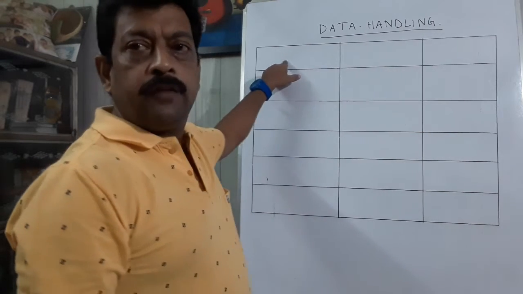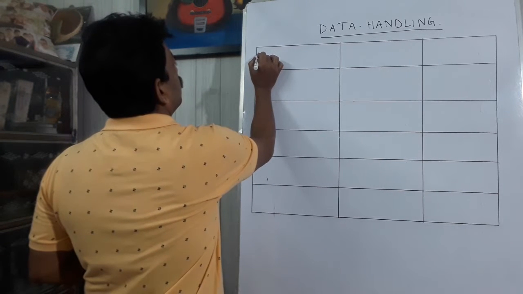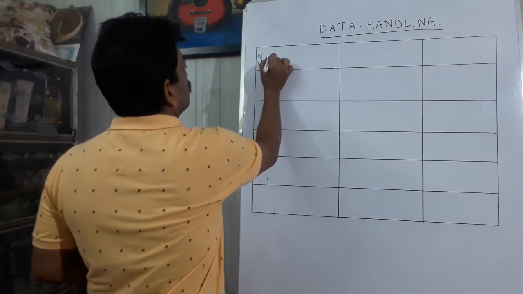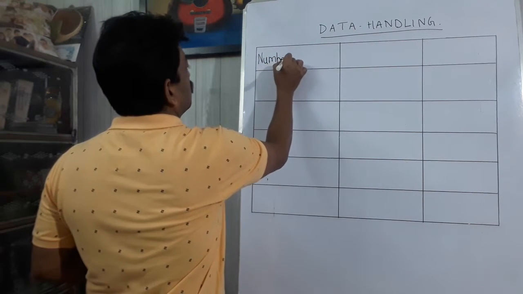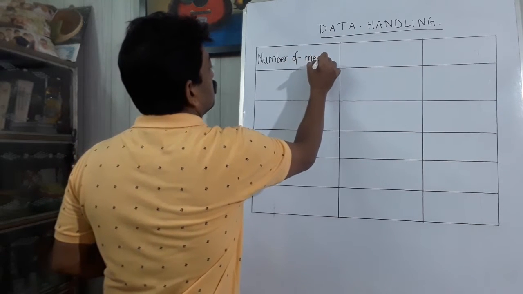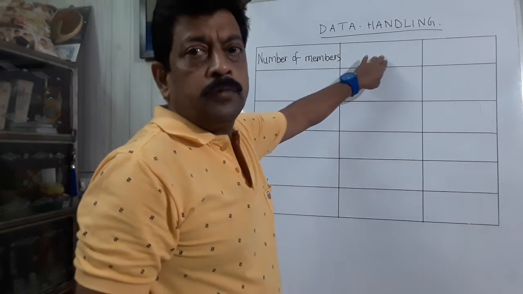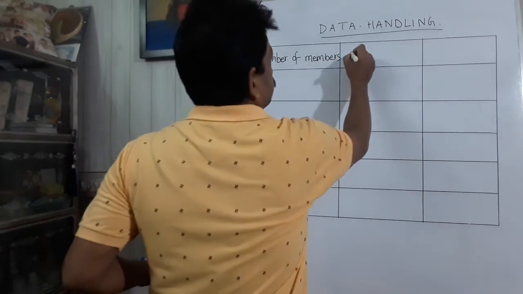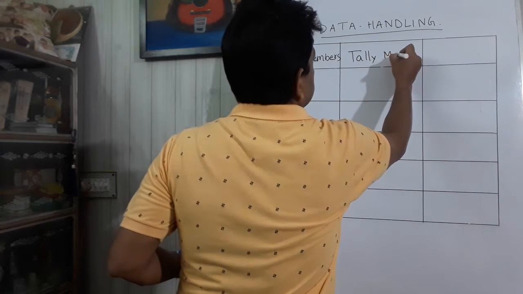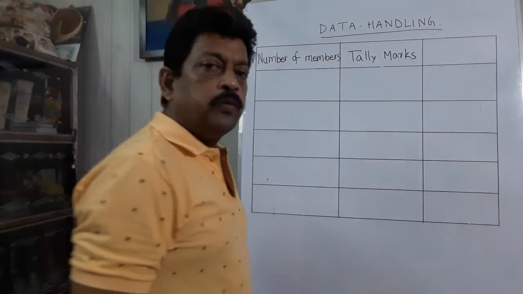So here I have to write number of members. The second column is for tally marks. And the third column is for frequency.